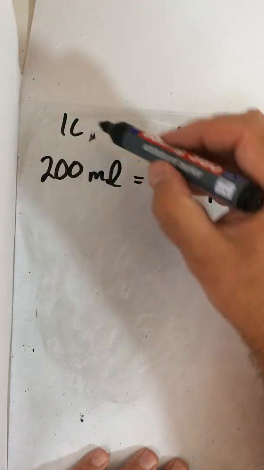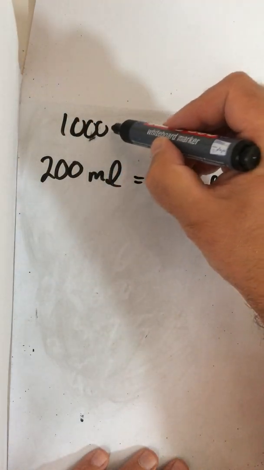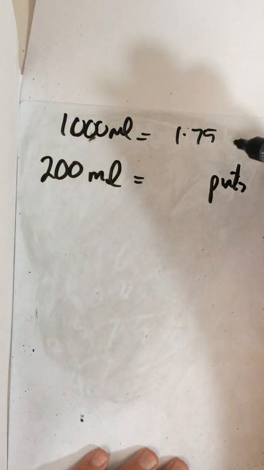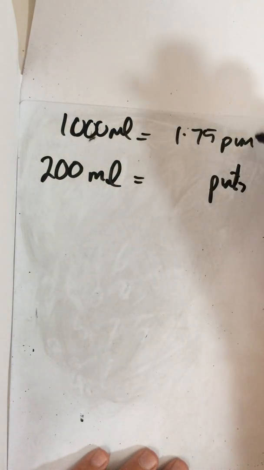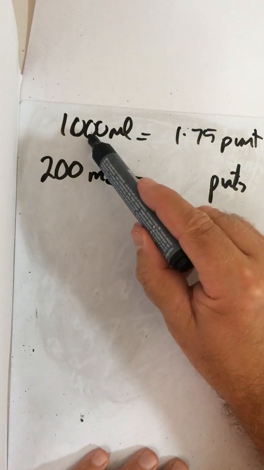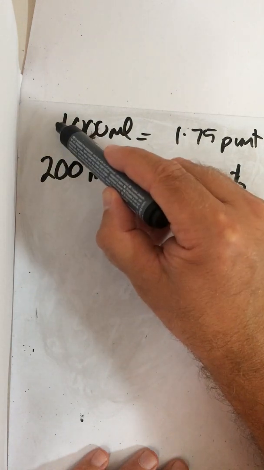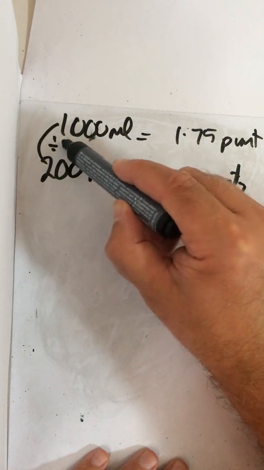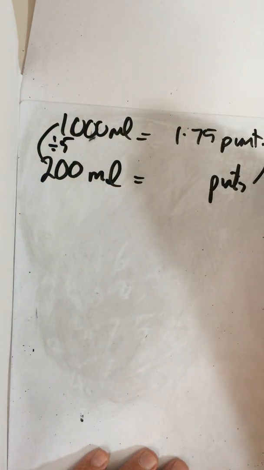And I know 1 liter is 1,000 milliliters. So 1,000 milliliters equals that. To get from 1,000 to 200, I'm dividing by 5. So I do the same here. Divide by 5.